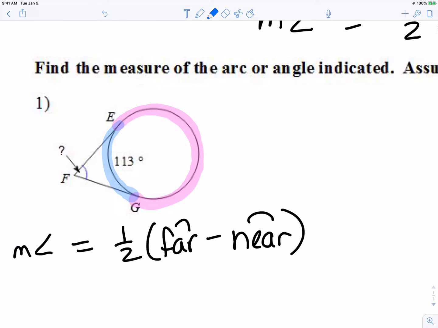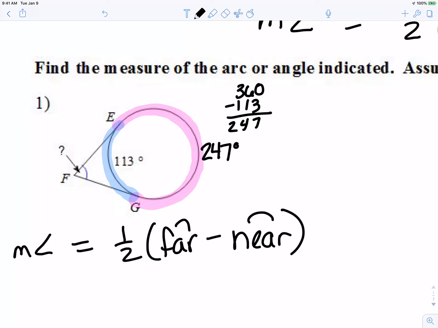The nearby arc is 113 degrees. Well, with tangents, you could calculate what the other arc is because, again, with tangents, the intercepted arcs make up the whole circle. So if I do 360 and subtract 113 degrees, then I get 247 degrees for the far away arc.